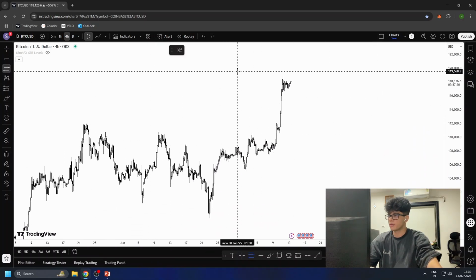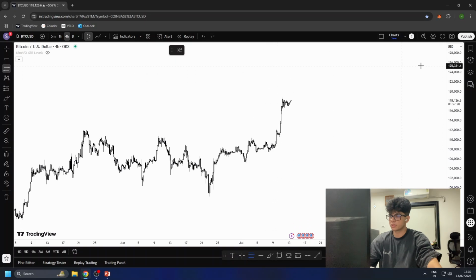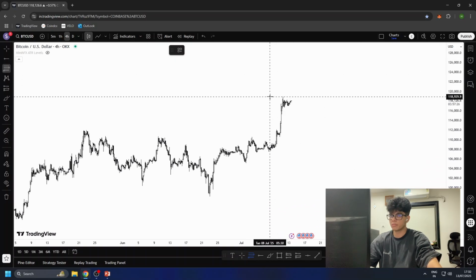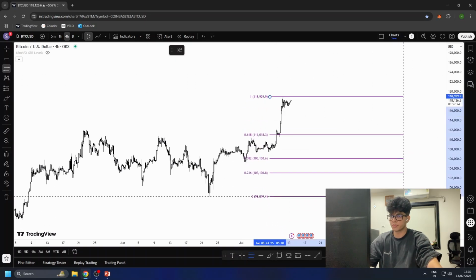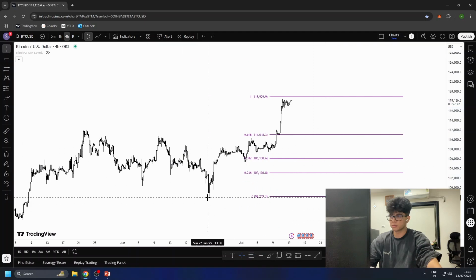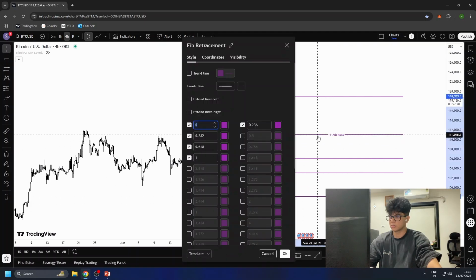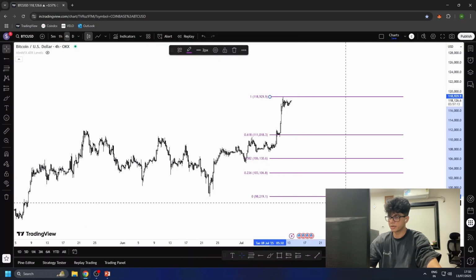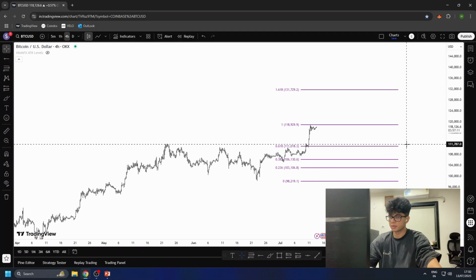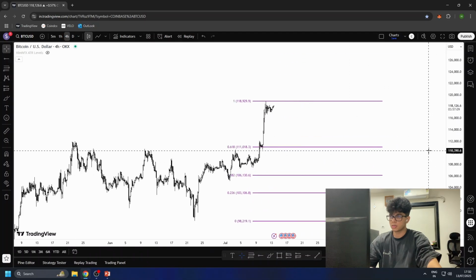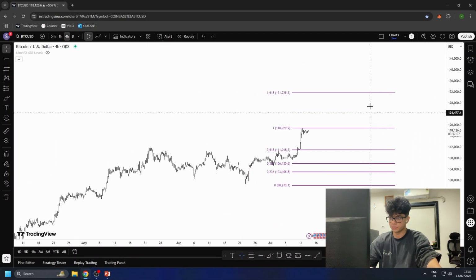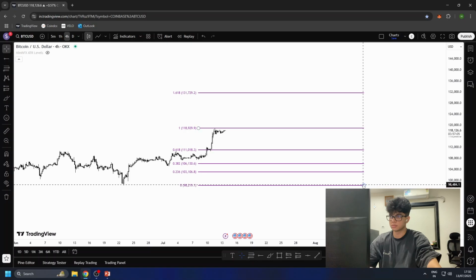So if I pick out this chart and I want to see where Bitcoin can go from this all-time high, I have to go from here to here, right? This is swing low. Double click on this, turn on 1.618 and 2.618. Then you can see where the next resistances might be, right?